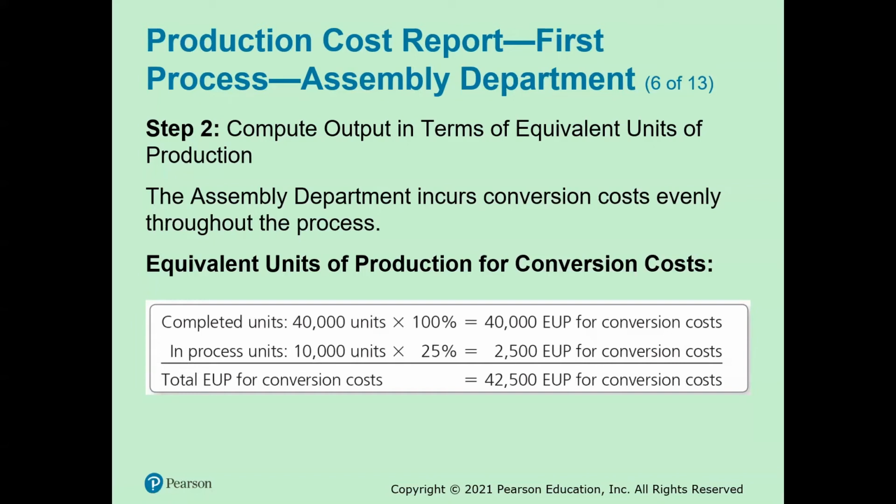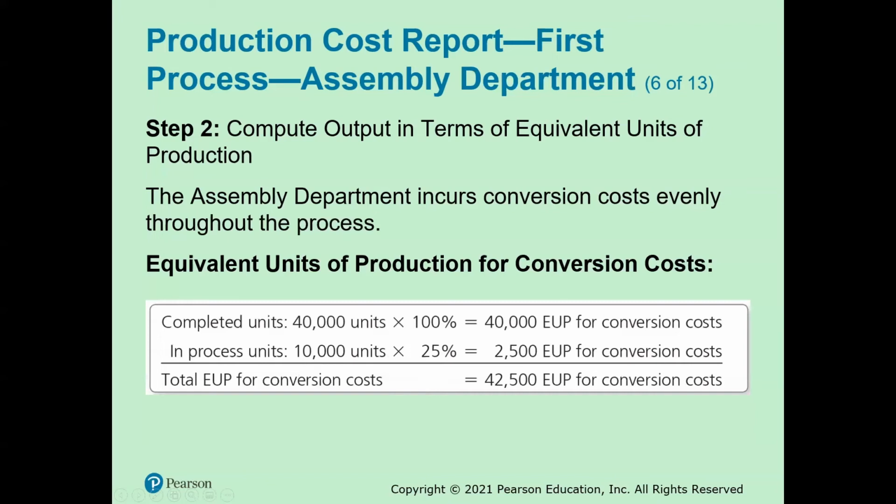So the conversion costs are 100% complete for the 40,000 puzzle boards completed and transferred out to the cutting department, but only 25% of the conversion work has been done on the 10,000 puzzle boards in ending work in process inventory.